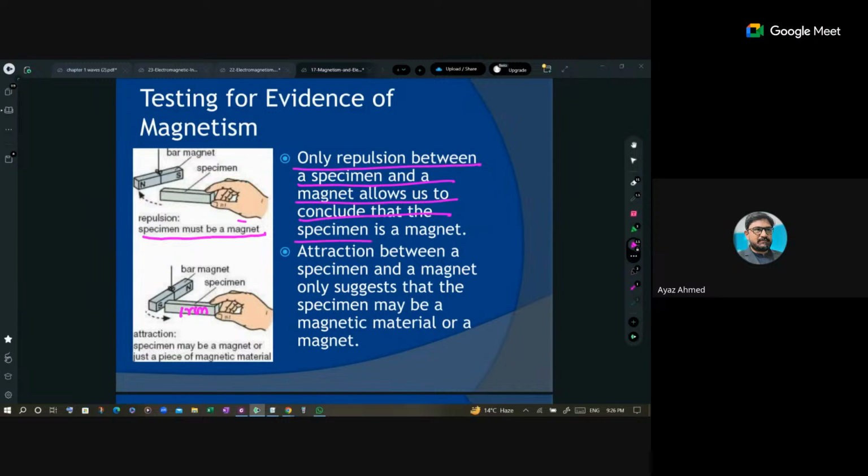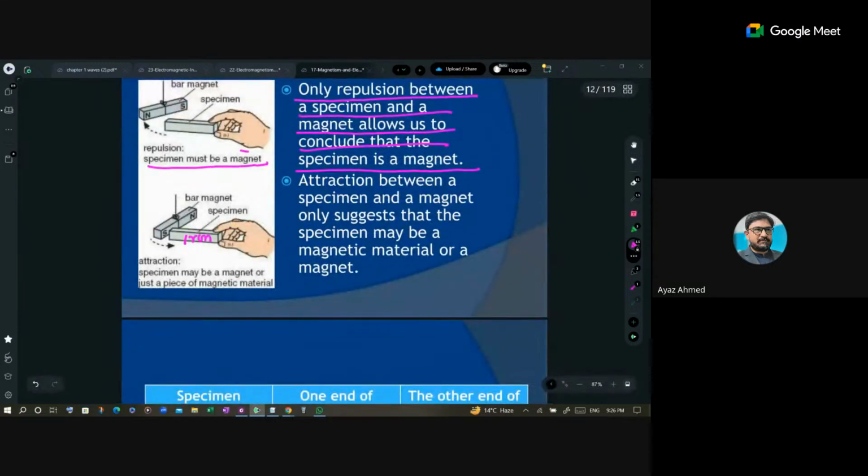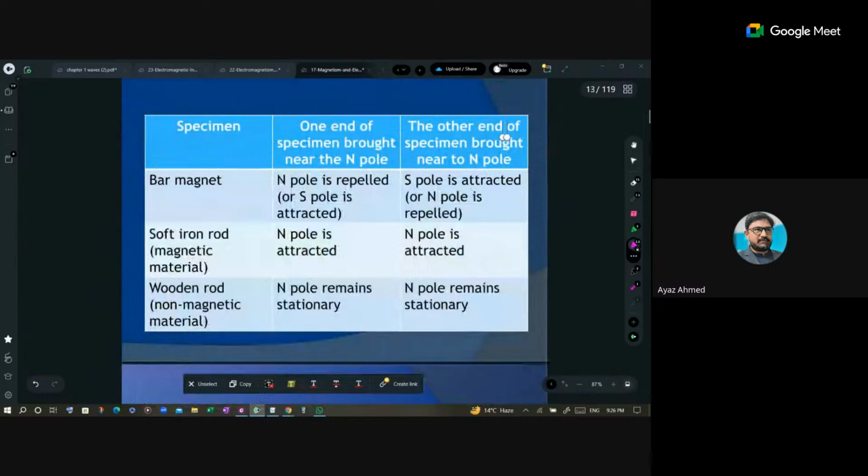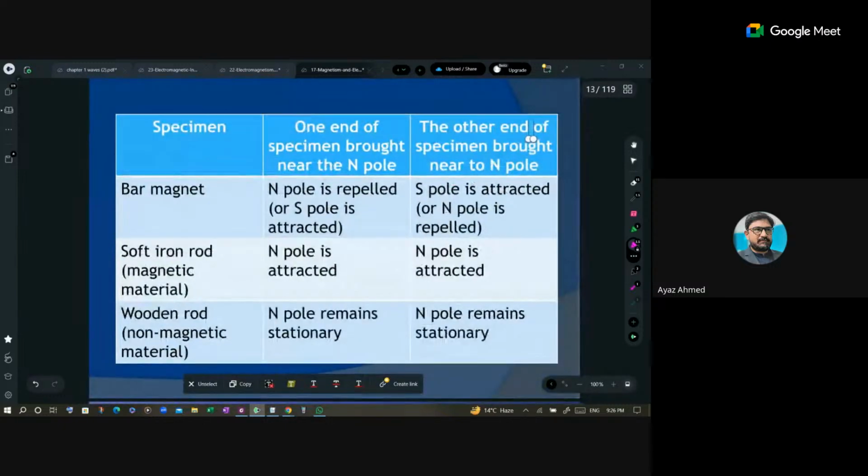If there is no repulsion, it means that it can be iron, but it cannot be a magnet. So here are some specimens or materials that I have to explain. A bar magnet: one end of the specimen brought near the north pole, then north and north repel, or south is attracted towards that. Then when we reverse it, south pole will attract, or north pole would repel.